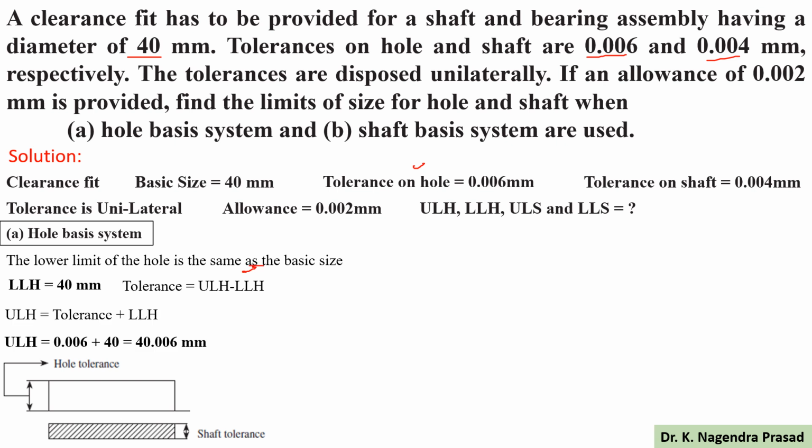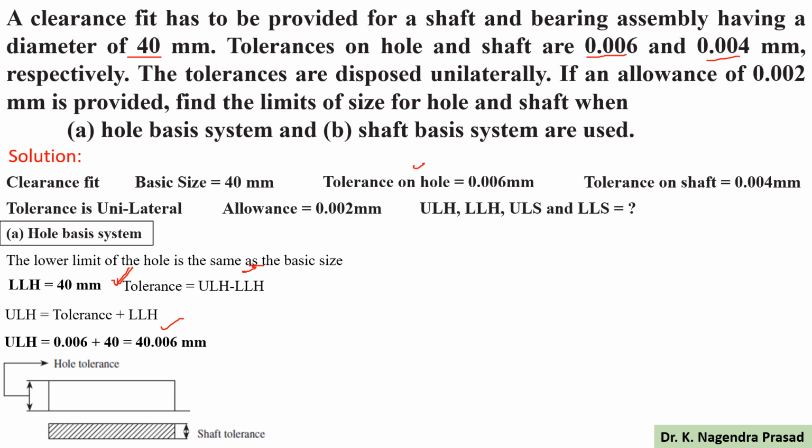Then we determine the upper limit of the hole equals the tolerance plus lower limit of the hole, which is 0.006 plus 40. It is equal to 40.006 mm. So we determine the upper limit of the hole as well as lower limit of the hole. So we determine the sizes for the hole.